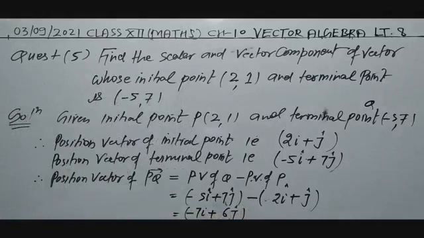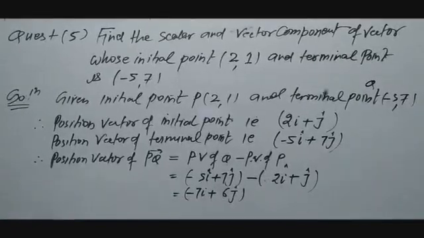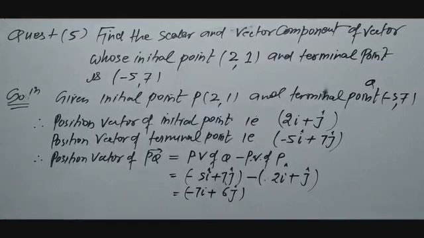This is the position vector of PQ. Now its vector component will be minus 7i plus 6j.